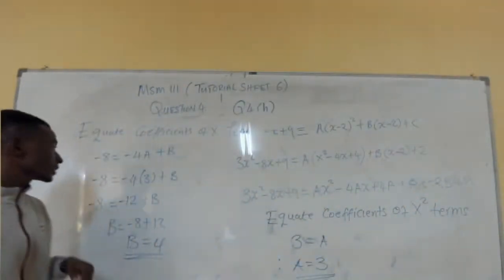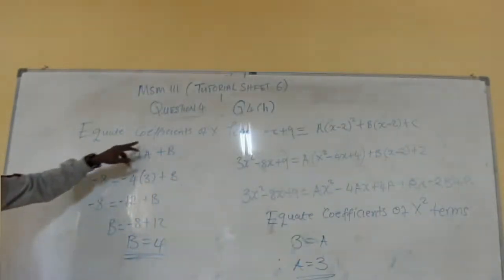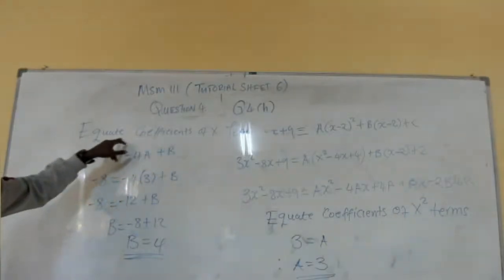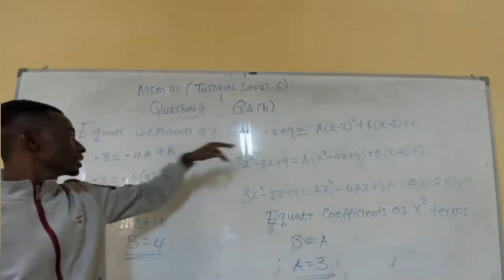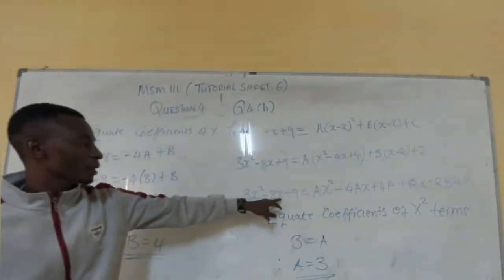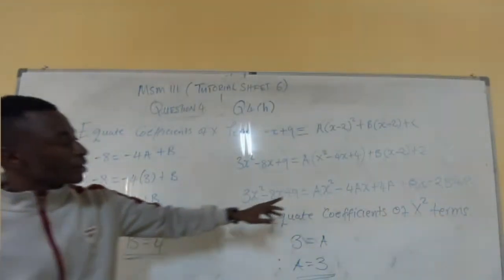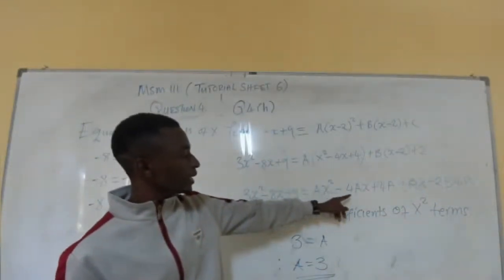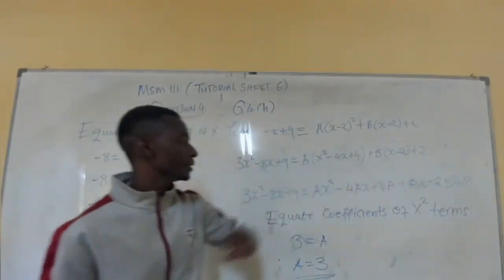So next, for you to find the value of b, you now equate the coefficients of x terms. Equating the coefficients of x terms, here it's -8, the one having 1x. If you go to that side, the one having 1x is -4a and b.